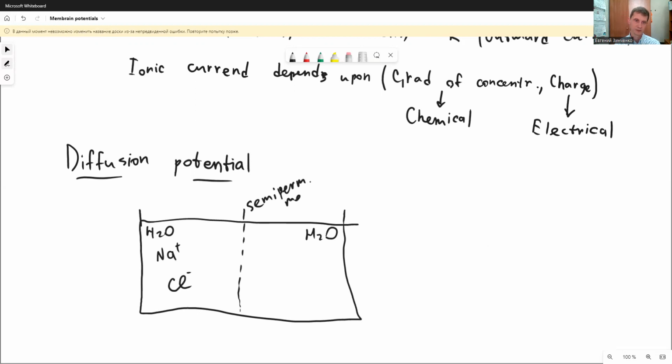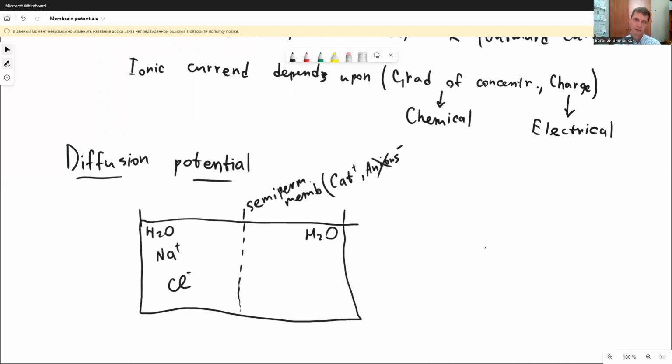Semi-permeable membrane that is selective for passing of positive ions, the cations. It can pass cations and does not allow passing of anions.